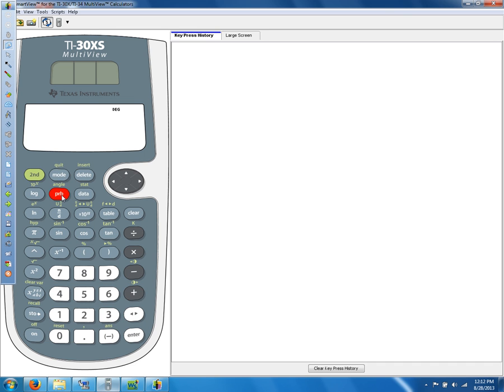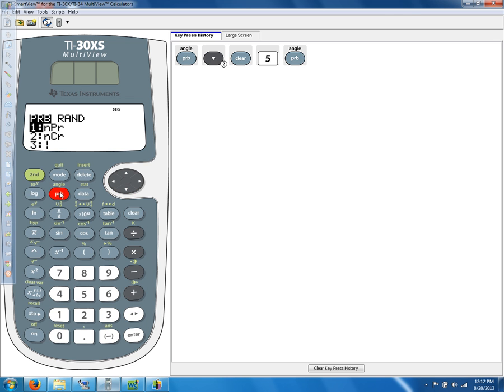If I press that, I get a menu, and I'm going to go down to factorial, and there's my factorial. So let me clear out of there. I'm going to do 5, probability, go down to factorial and hit enter. It says 5 factorial, I hit enter again, and there's my answer, 120.